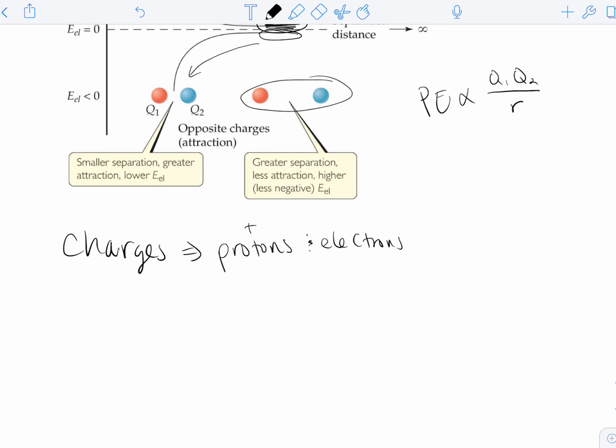Positive charges for our protons, negative charges for our electrons, right? Generally, if we have a molecule, those protons and those electrons are going to even out, and we won't have an overall charge. But when we have a case where our protons and electrons are not evened out, we get charges within our molecule. One can be a complete imbalance of protons and electrons, and that's when we get ions.